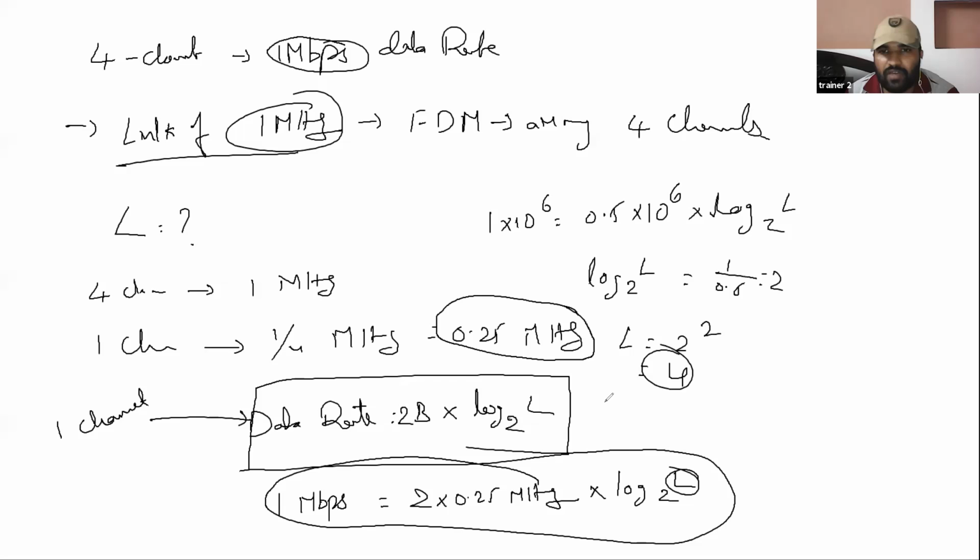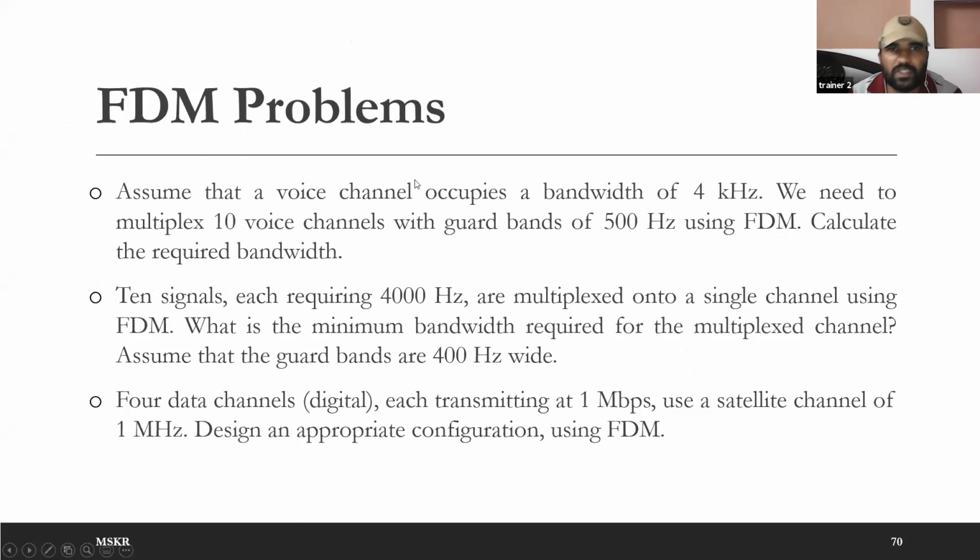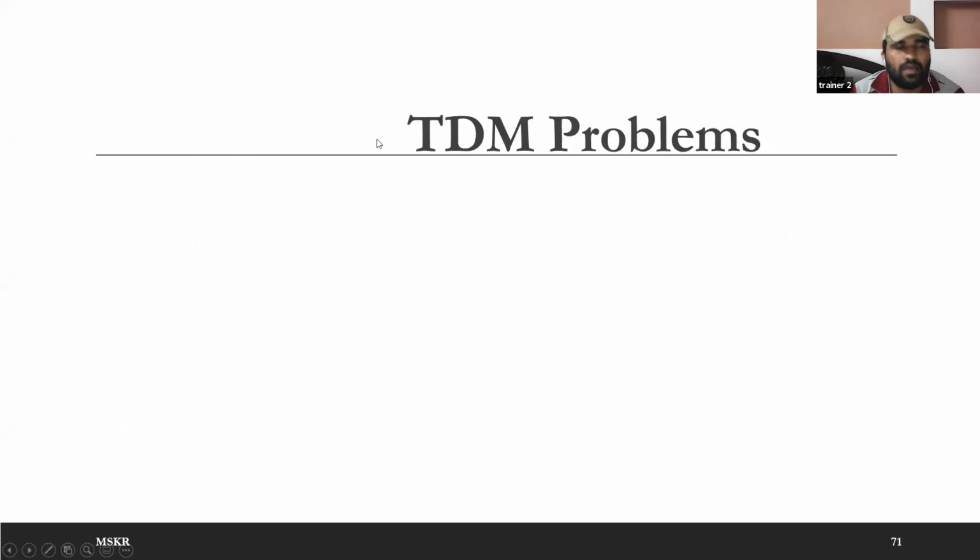Okay, L equal to 4 means number of bits that you are representing in each level is 2 bits. So this is how you are going to do such problems. Okay, so these are the 2 basic types of problems that you may get from FDM.